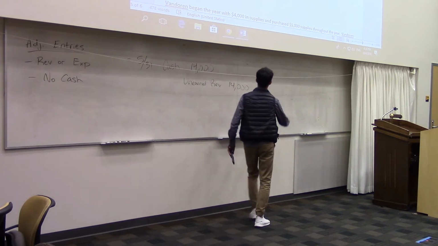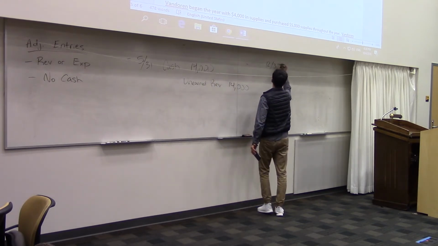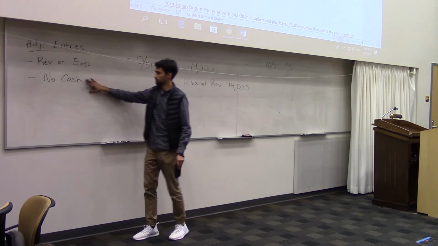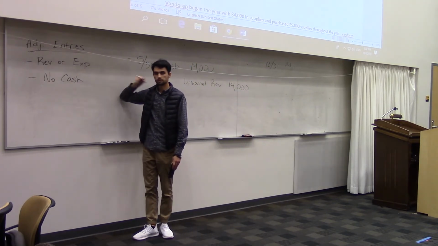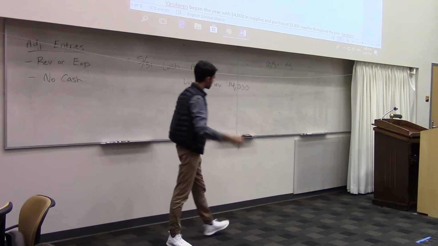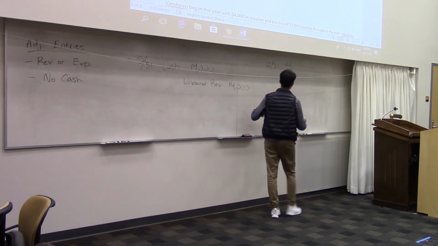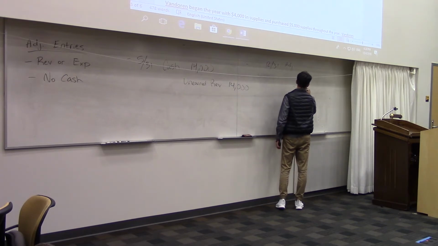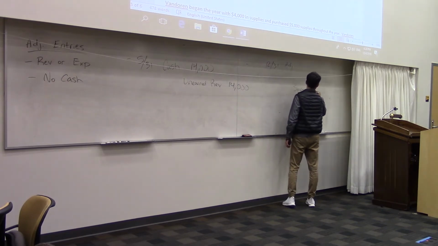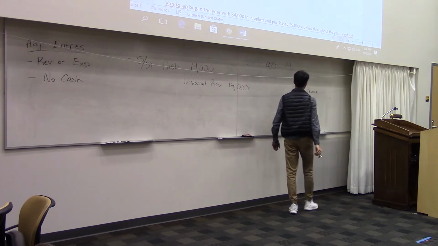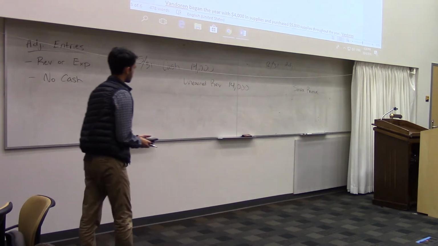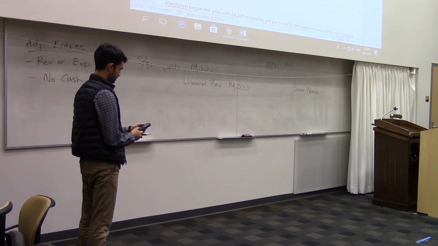On 12/31, we're going to make our adjustment. We're not going to have cash. Are we going to have a revenue or an expense? Revenue. Yeah. Some kind of revenue. Sales, yeah, probably service revenue. We're going to credit service revenue. For how much?